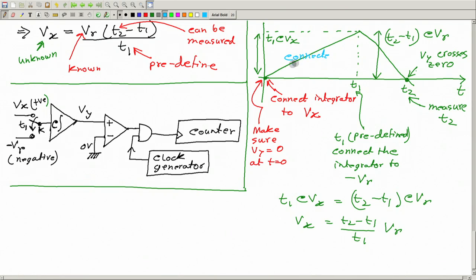Connected to Vx here, and this is the period where it is connected to Vr. From this time measured, you can measure this unknown voltage.